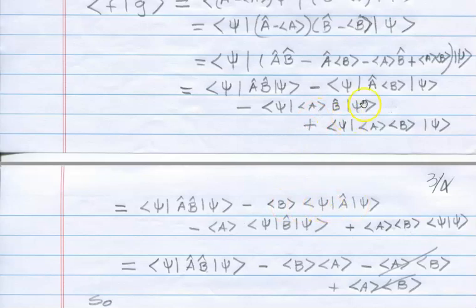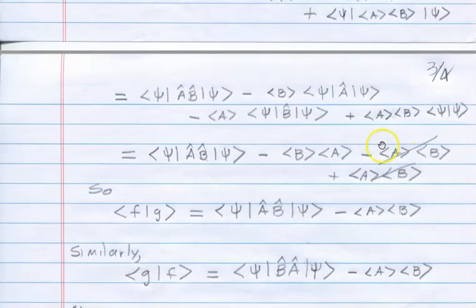And then I've got just the bracket of A. And likewise here, this is just the expectation value, so it's a number. Pull it out, and I've just got the bracket of B, so I get down to this form. And now that I recognize what these are, this is just the expectation value of A. This is just the expectation value of B. And since psi is normalized, this product is just 1.